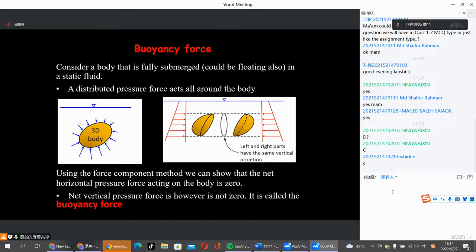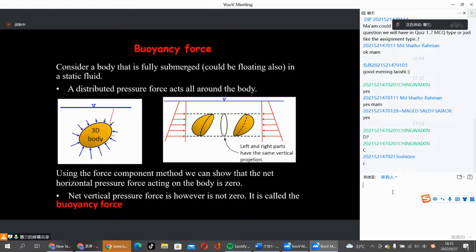For horizontal force, obviously the left and right halves have the same vertical projection. That means they will have equal force in magnitude but in opposite directions. So the horizontal force by the fluid on this body will be equal to 0. However, obviously the vertical pressure force is not 0. Use the pressure volume, just like for this one.